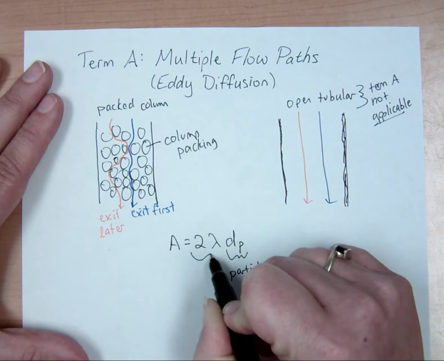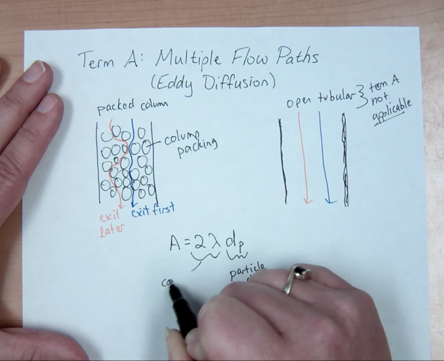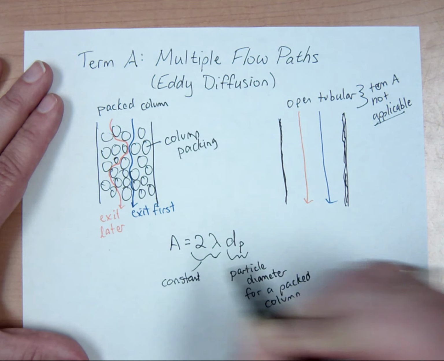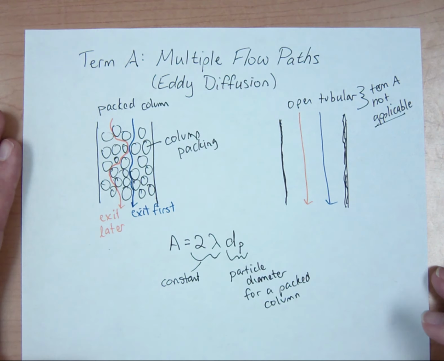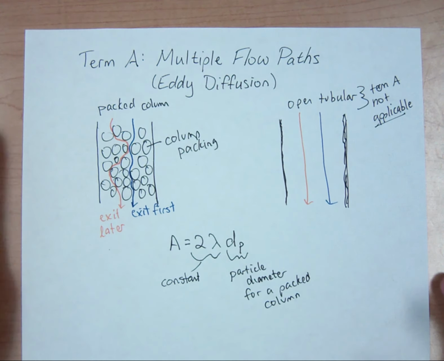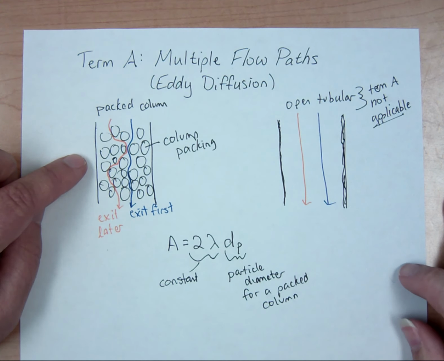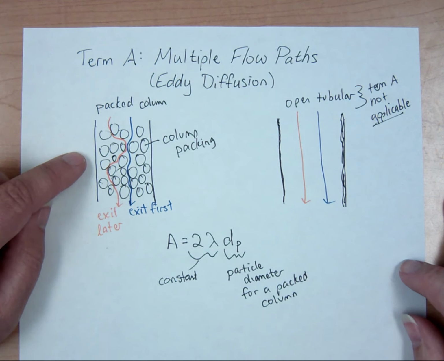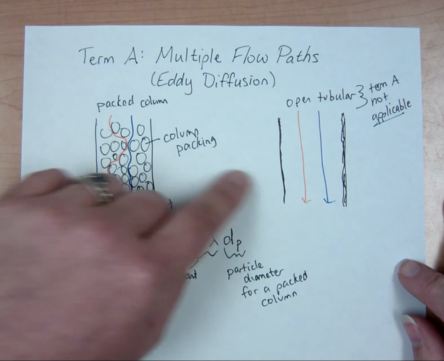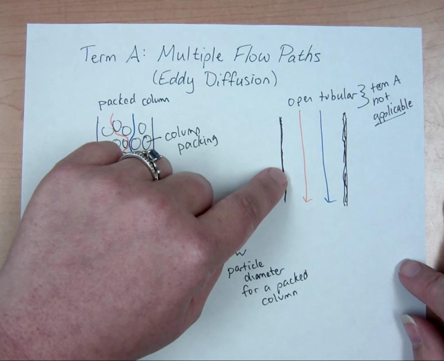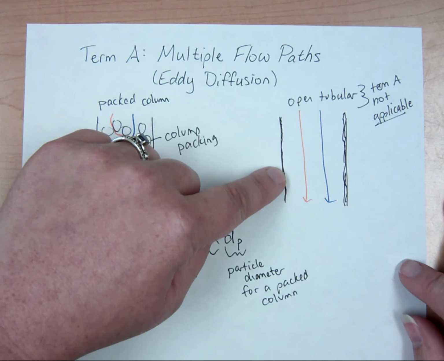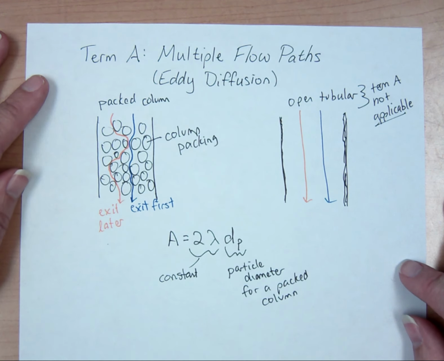And this 2 lambda is a constant. Okay, that's column specific. So in thinking about this, using smaller particles in the packed column is going to minimize this effect and get you a better separation, all the way leading to an open tubular column where we have literally a particle diameter of 0, and this term does not apply.